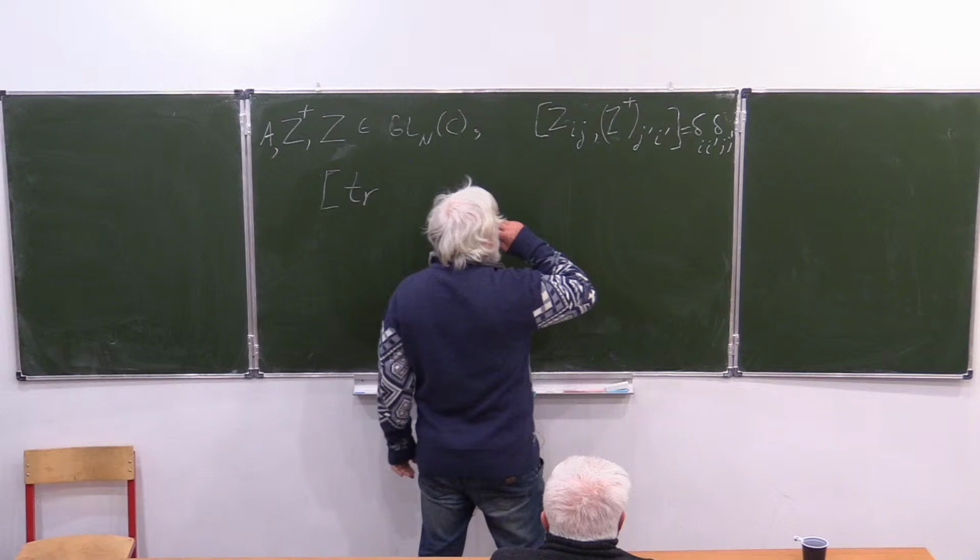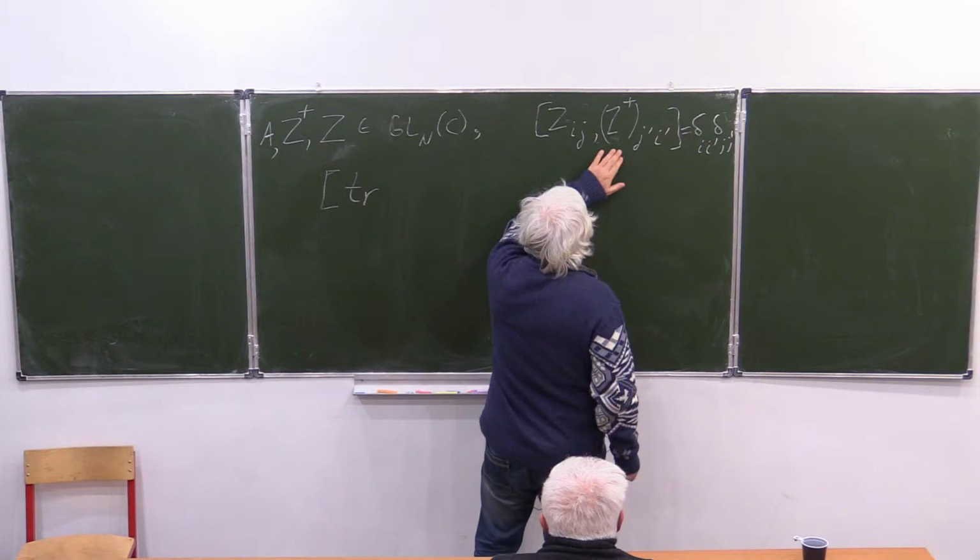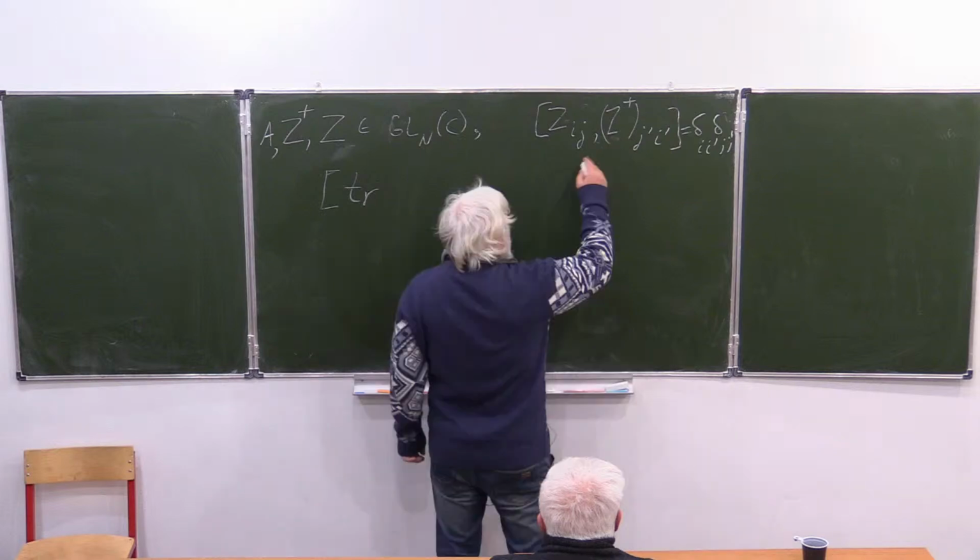There are two ways to present it. One way is we just consider matrix-valued bosonic operators, and we do not mention that this is the Hermitian conjugate operator.